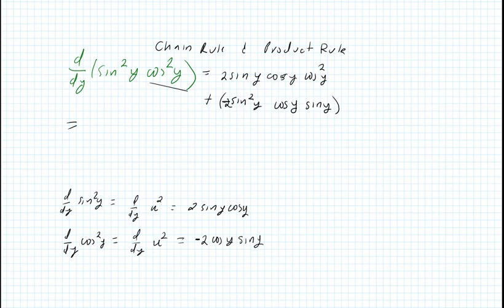Notice that we have it on both places, so we can take out the 2, the sine, and the cos. So we can take out 2 sine y cos y, and in parentheses we're going to be left with cos square y minus sine square y.